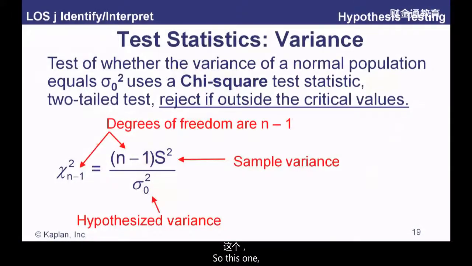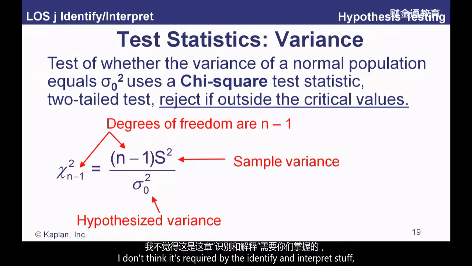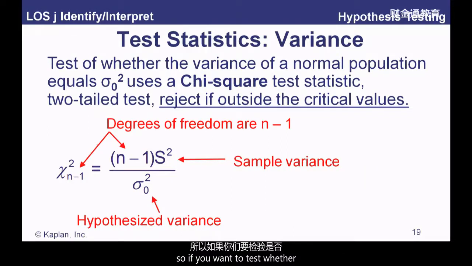So this one, I don't think there's too much to take away from it. I don't expect you to memorize that formula. I don't think it's required by the identify and interpret stuff. So if you want to test whether a variance is equal to a given value, then you want to use a chi-square test, and you want to reject if it's too high or it's too low. And if you're going to take one more thing away, it's some kind of ratio that we're looking at.